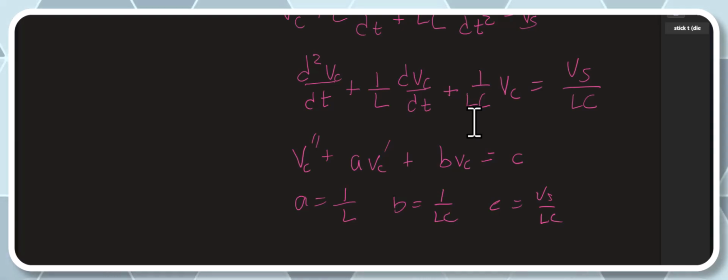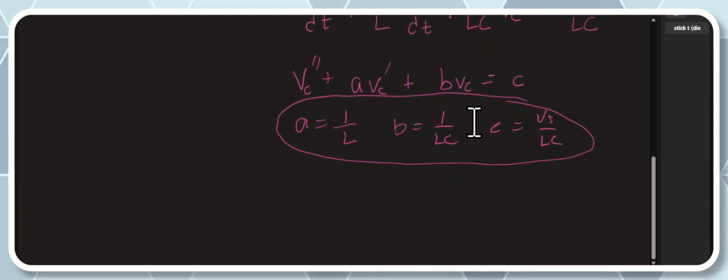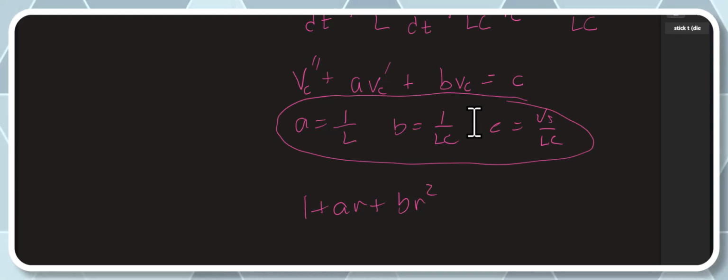And then you have all the methods that you learned in differential equations for solving this. And the different solutions depend on the relationships between these variables. I don't know if you remember or not, but when you did this in differential equations, you would look at your characteristic polynomial, which you would get by turning this into 1 plus Ar plus Br squared.